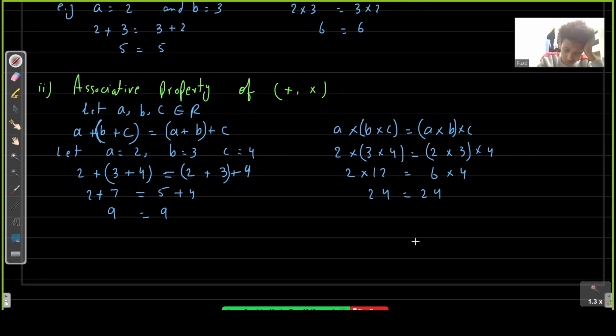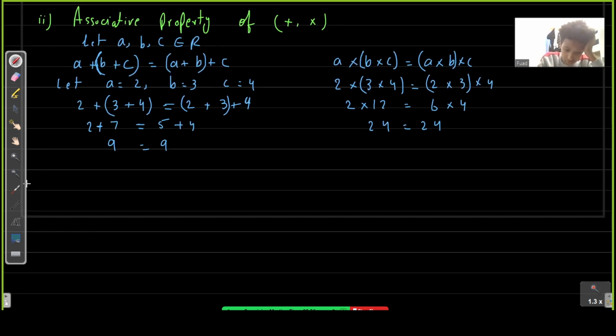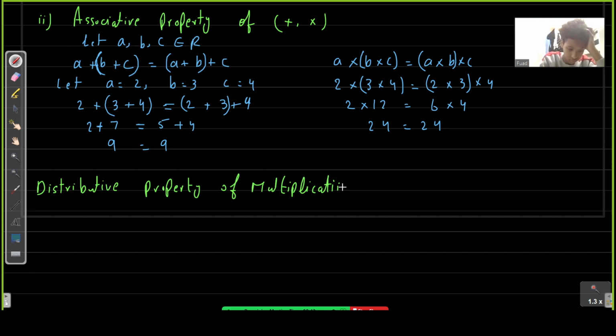So the next property of equality is the distributive property. The distributive property of multiplication over addition and subtraction. Again, we need three numbers.